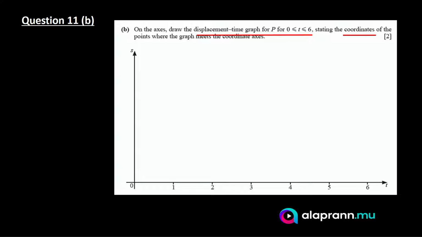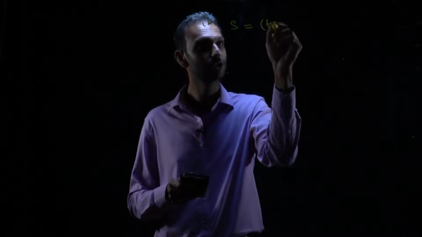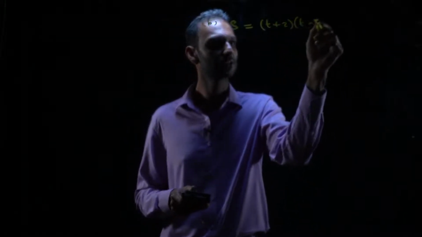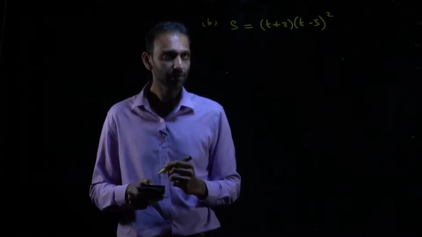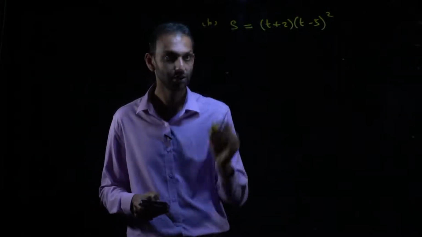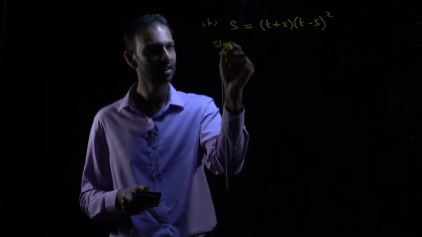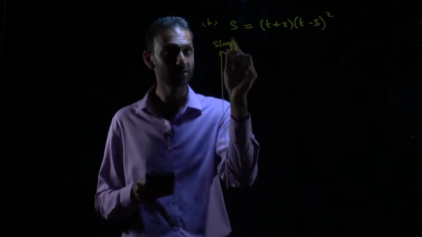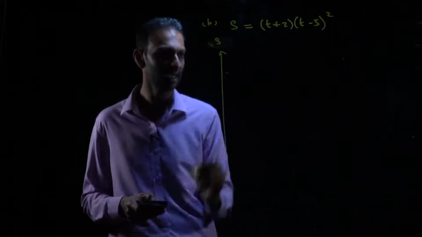So basically, they are telling you to sketch s equals t plus 2 and t minus 5 squared, which is the equation for displacement. The vertical axis is s, in kilometers in the question. We don't need to put the units, so just s.